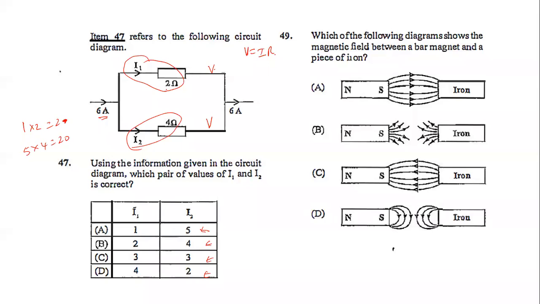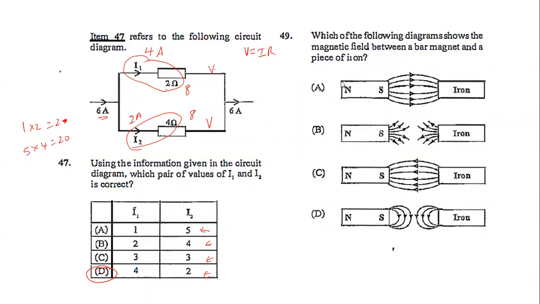By looking through all of the options, you will see that if this I value is 4 amps, and this I value here is 2 amps, and you multiply them, this is going to give you 8, and this here is also going to give you 8. So the answer there is going to be D. All right, so 47 is D.